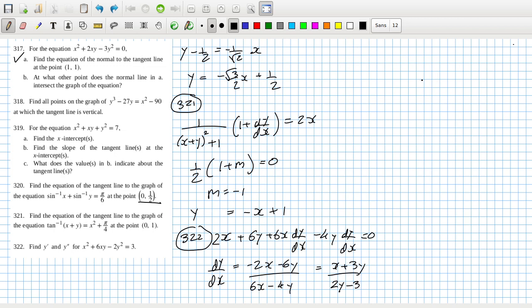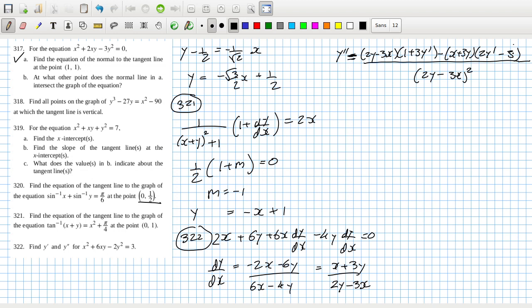So what I'll do is use the double dash, y double dash equals, okay, the bottom squared, the bottom 2y minus 3x times the derivative of the top, 1 plus 3y dash, minus the top, x plus 3y, times the derivative of the bottom, 2y dash minus 3.